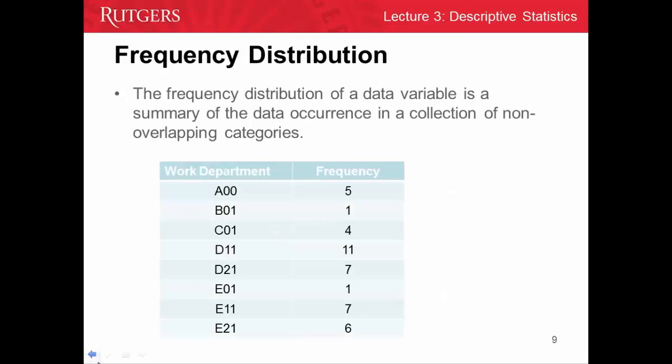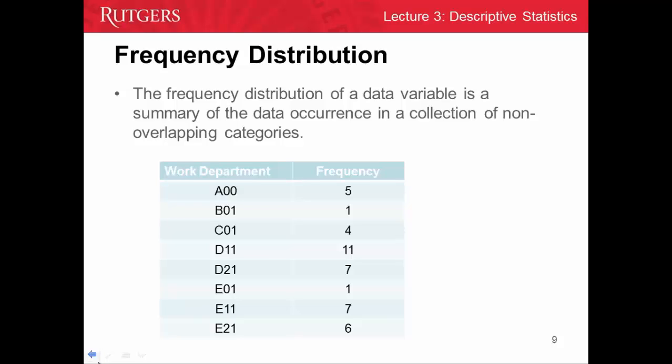So the first descriptive statistics I'm going to show you is the frequency distribution. The frequency distribution of a data is a summary of the data occurrence in a collection of non-overlapping categories.